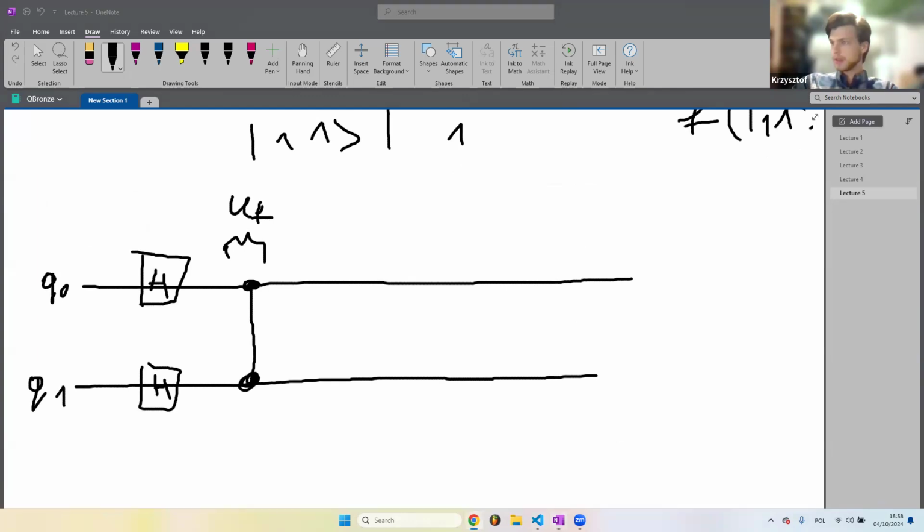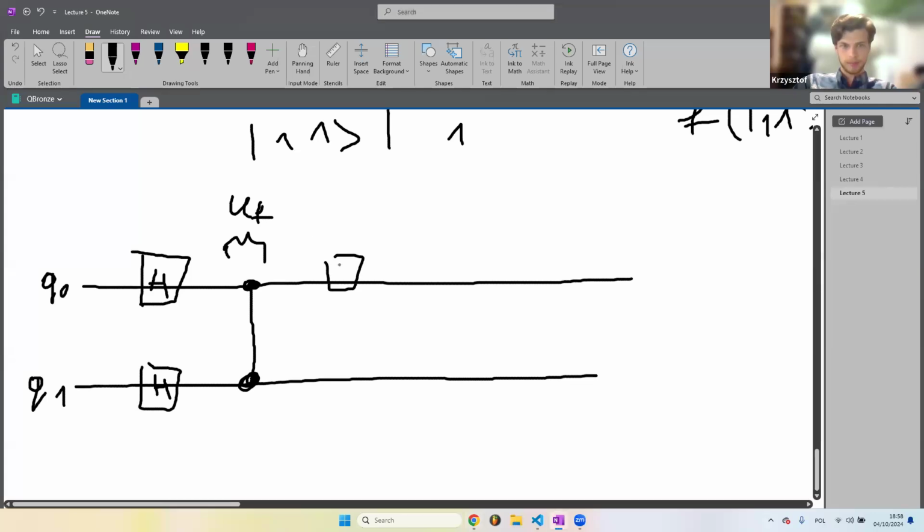Next, we will have a Hadamard gate, a Z gate, and another Control Z gate, and Hadamard afterwards.